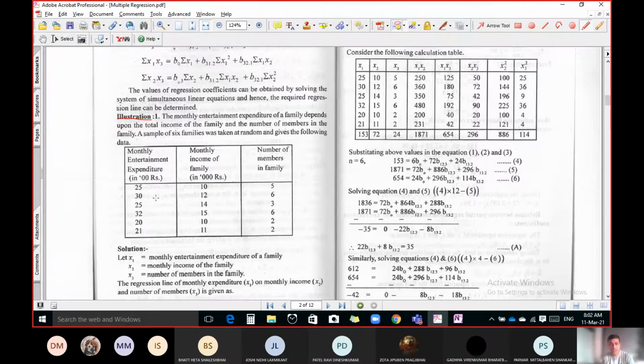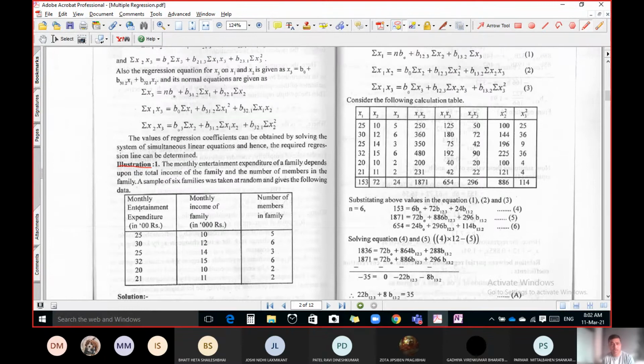Now the question is, here the question is not written. Obtain the regression line of expenditure on entertainment on income of the family and number of persons of the family.